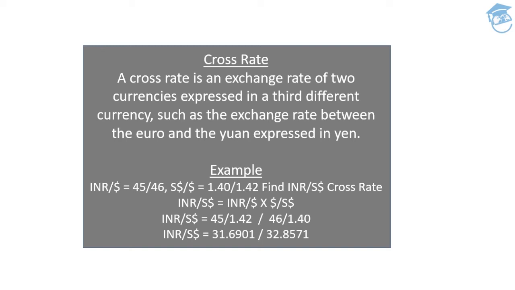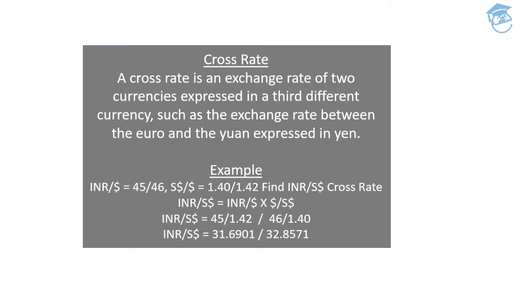Remember, bid will always remain cheaper as compared to the ask. Since you have got the ask point clear, which is that you need to shed 46 rupees out of your pocket in order to obtain a dollar, and since you now need to sell the dollar, which the bank will only procure at 1.40, you get the ask figure of 32.8571.